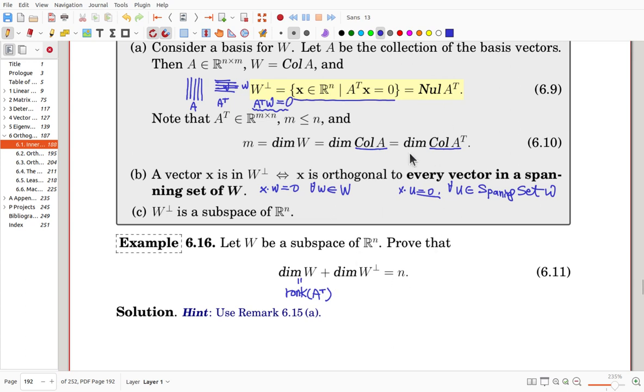So the dimension of the null space of A transpose is the nullity. For a matrix, the sum of rank and nullity is the same as the number of columns of the matrix. So A transpose has n columns, so this sum must be n. That is the rank theorem, right? Okay, so we proved that.